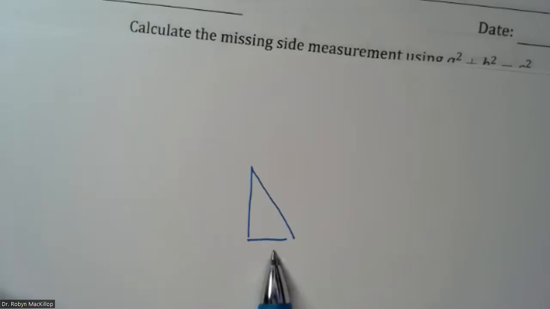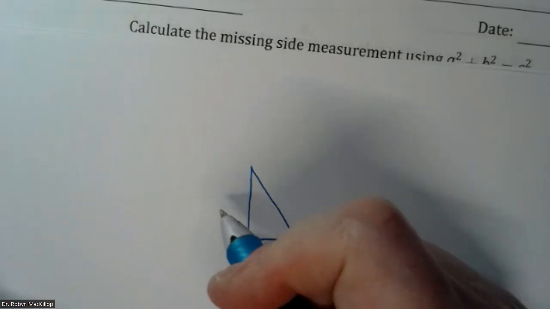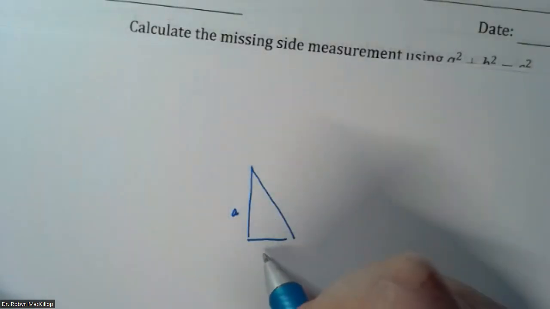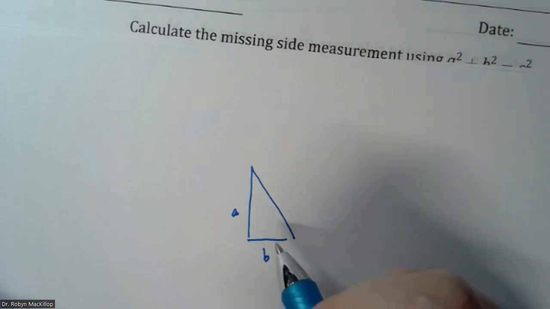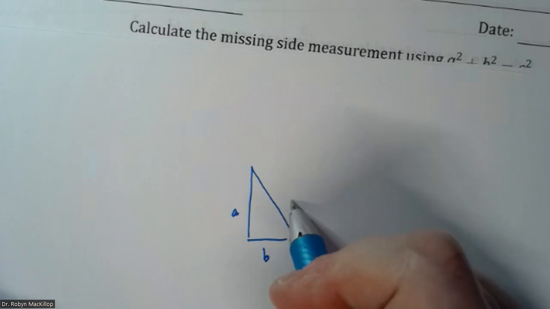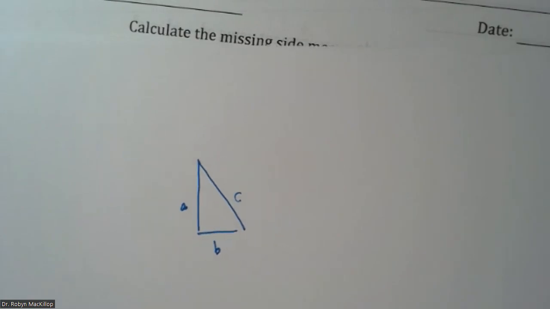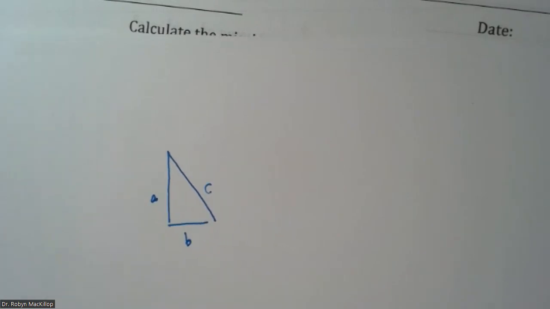There's always a base, a bottom. So one side is usually A, your bottom side or base is usually B, and the long side is C. That's just the general way of classifying the sides of a triangle so that you can find them.